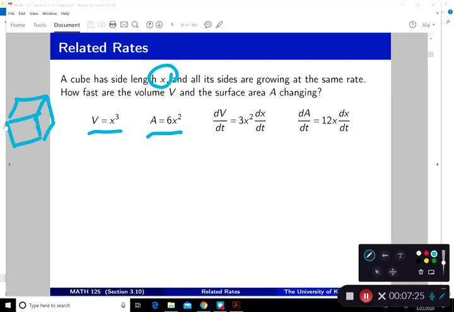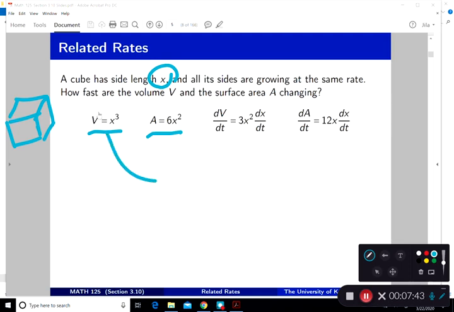For volume, you just multiply width times height times length, and all of them are the same, so it's x to the power 3.